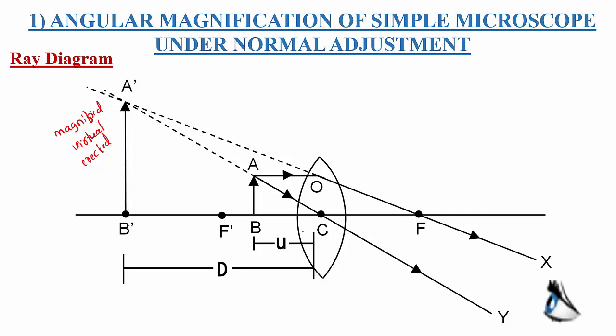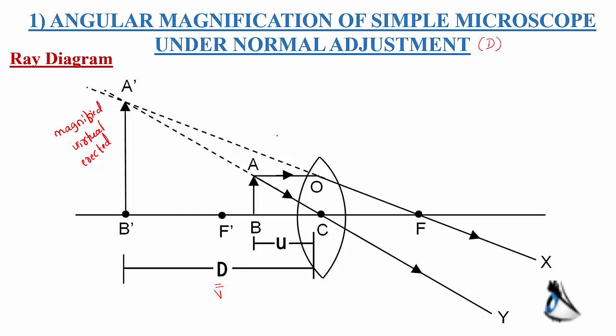The object distance is denoted by U, that is from the optic center to the object. The image A dash B dash is formed at the least distance. Remember, this is the first case, under normal adjustment. Normal adjustment means the least distance of distinct vision. That means instead of writing image distance V, we can write the least distance, because the image is formed at the least distance of distinct vision under normal adjustment of the simple microscope.